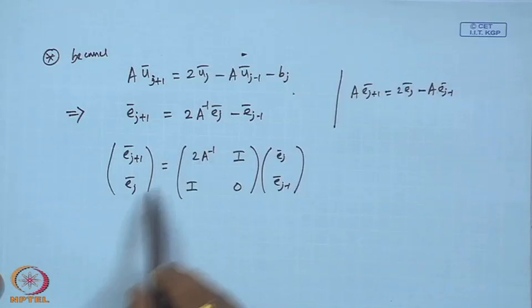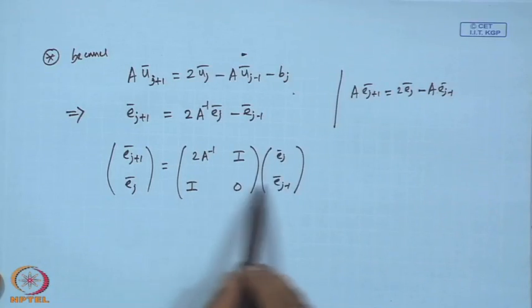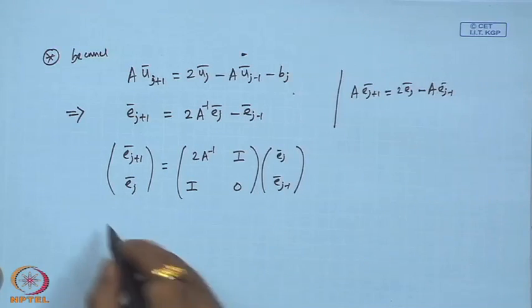So, this can be written as, so we have just adjusted, we have supplied one more equation, so that we can put it in a matrix form. Okay.